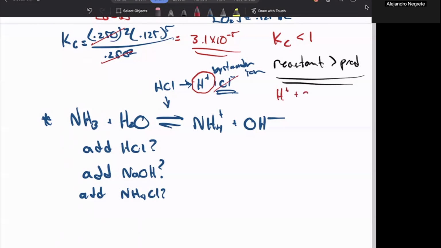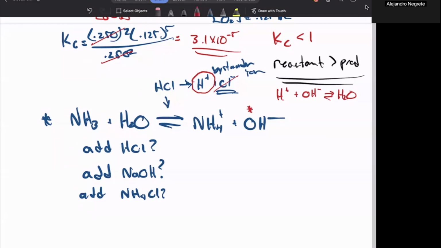So when we take a look at the reaction for water, hydrogen proton ions plus the hydroxide ions make a water molecule. So by adding hydrochloric acid, it will consume the hydroxide. Right?